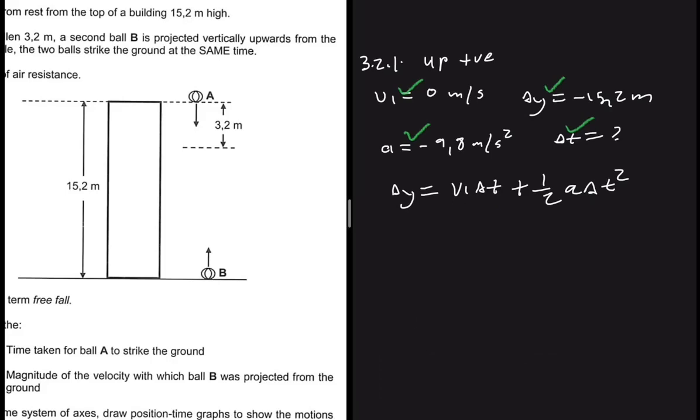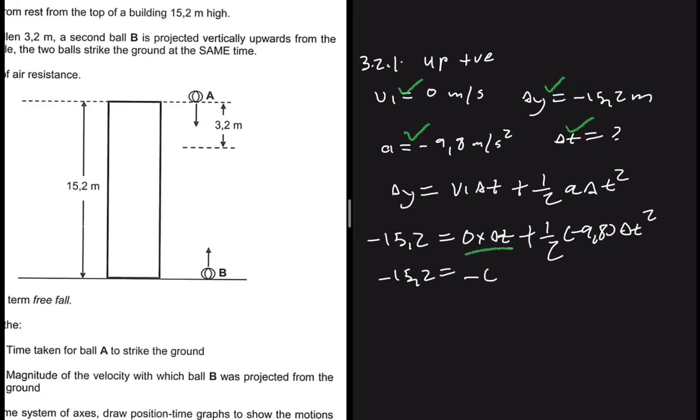So if we go ahead and substitute, we're going to get minus 15.2 is equal to Vi, which is 0, right? Multiplied by the time, so that term falls away, plus a half. The acceleration is minus 9.8, and the time is what we're looking for. So we're going to have minus 15.2 being equal to, this term falls away, we just have minus 4.9 delta t squared.